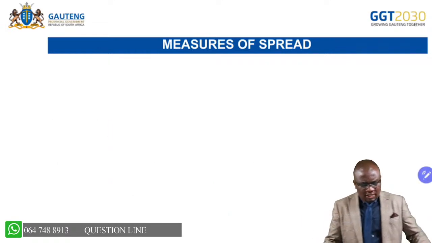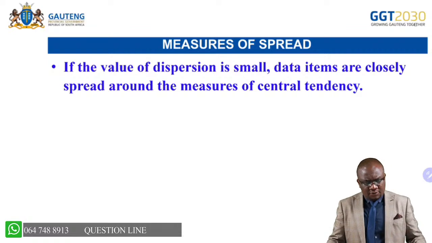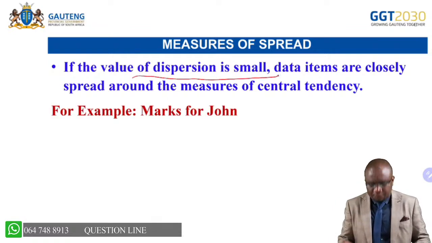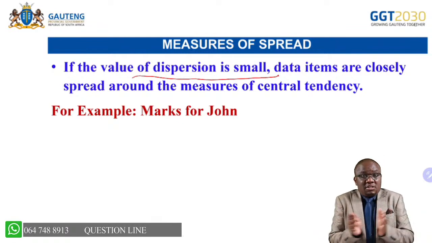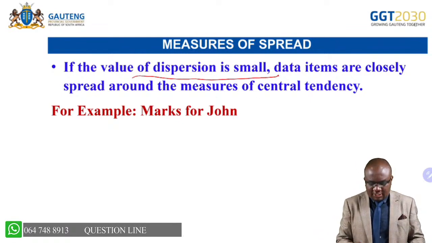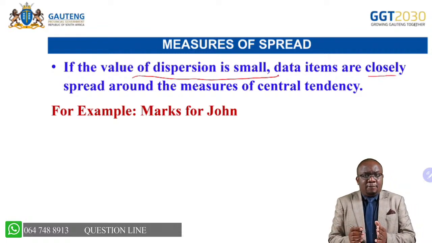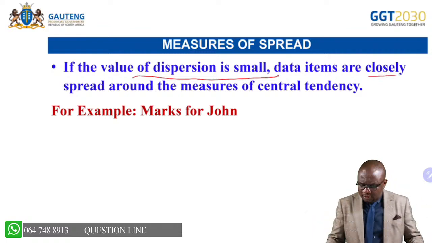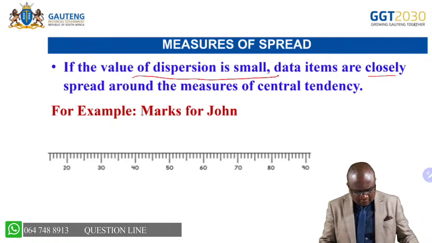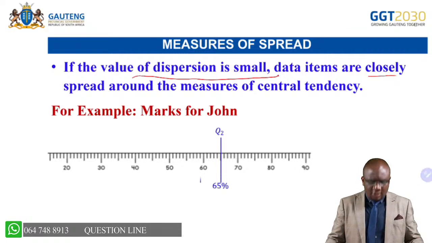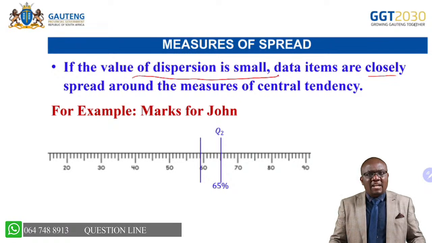But if we look at John's marks, if the value of dispersion is small, the data items are closely spread around the measure of central tendency. Closely spread. The previous one said widely spread. So for John, the average is 65%, the median is 65%, and the lowest is 59%, that's the minimum.